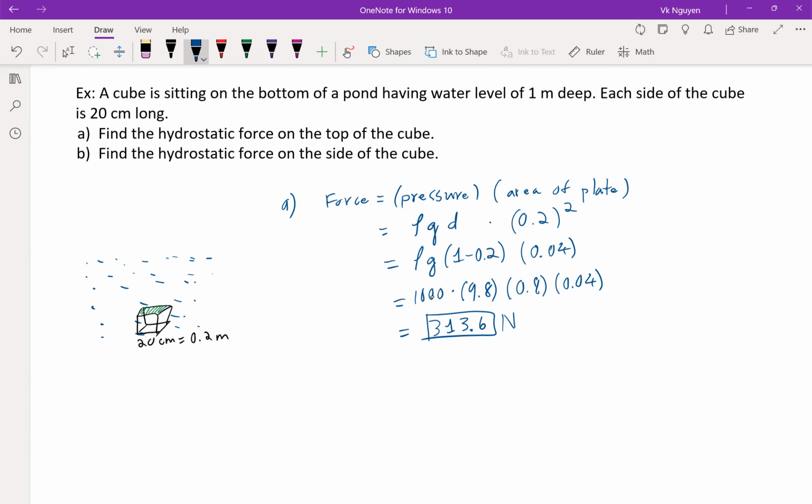In B, we're going to find the hydrostatic force on the side of the cube. Notice that the pressure varies on the side because on the side, the depth is different. I'm going to do a sample strip.